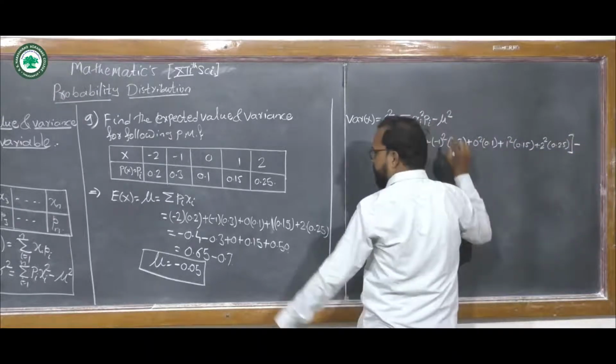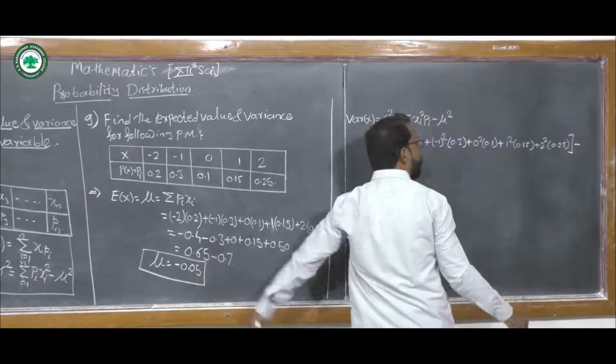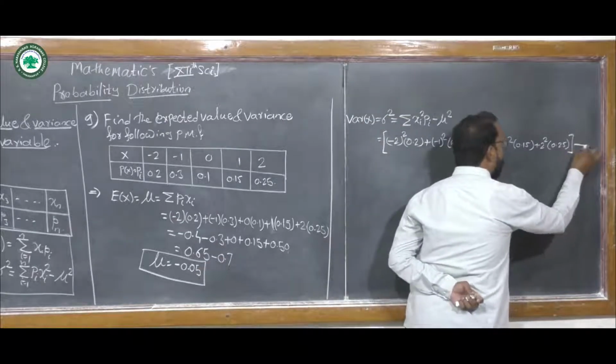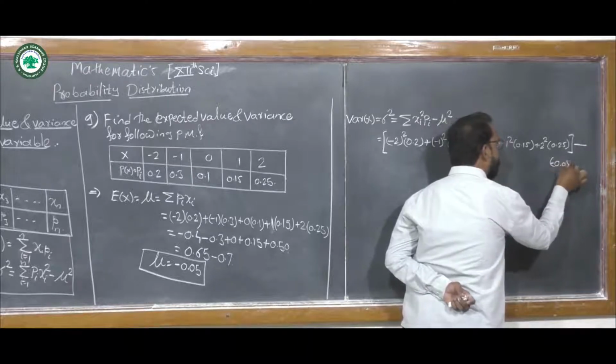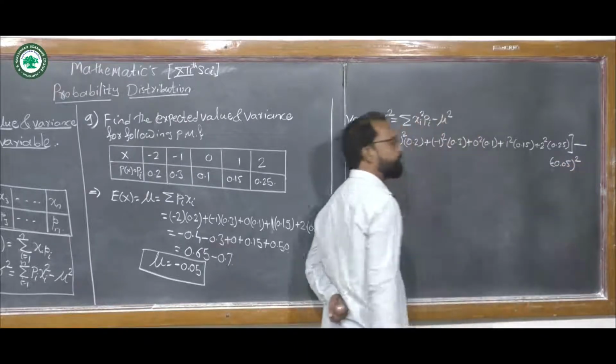The value of mu is minus 0.05, so it becomes minus 0.05 squared.